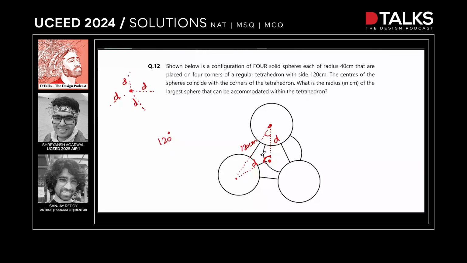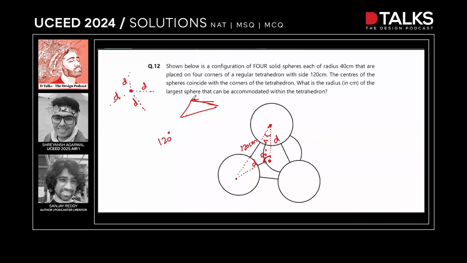So if this is 120 degrees, you know this is going to be 30 degrees because this is a triangle, right? And these are the same. This is an isosceles triangle. So if this is 120 degrees, this will be 30. This will also be 30. So I'm going to use sine law. What does the sine law say?